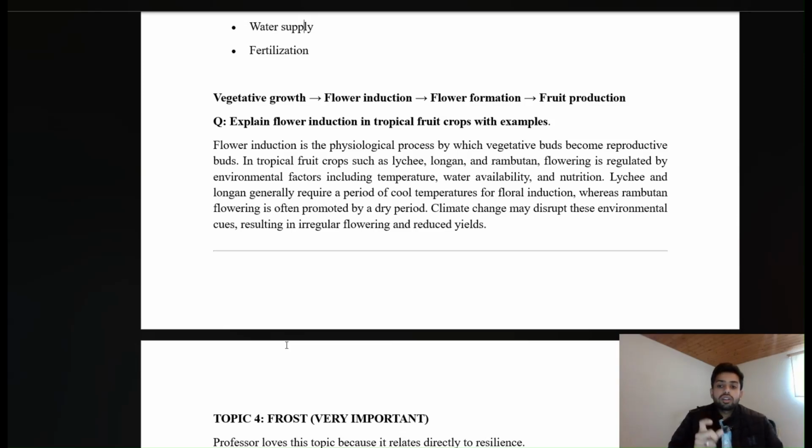The first two fruits, lychee and longan, generally require a period of cool temperature for flower induction, but rambutan flowering is often promoted by a dry period. Climate change may disrupt these environmental cues, resulting in irregular flowering and reduced yield.